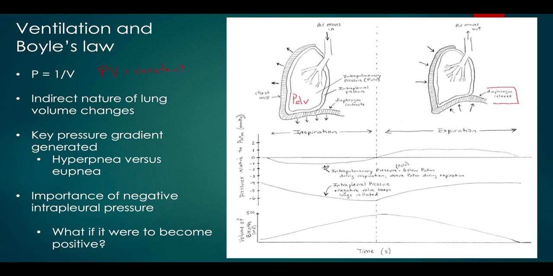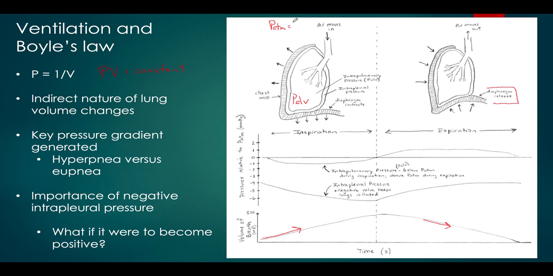If we look at the pressures relative to atmospheric, we can track the volume of our breath down here. Volume's going up. When we expire, volume will be falling, obviously. And if we look at the intrapulmonary pressure, let's follow this one first, it's going to become negative relative to atmospheric pressure. So atmospheric pressure, let's label it out here. Air moves in, and it's moving in from this space out here, so PATM.